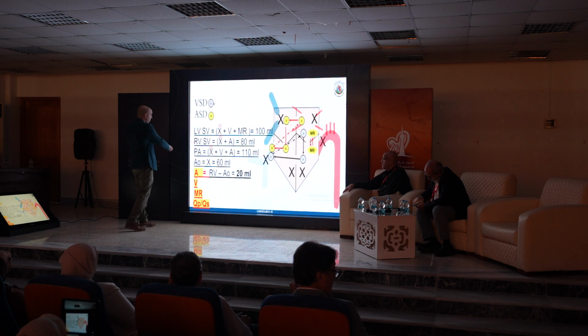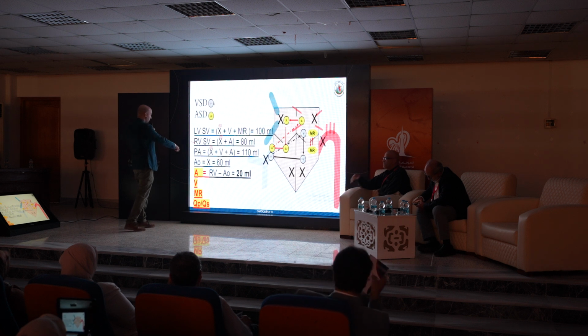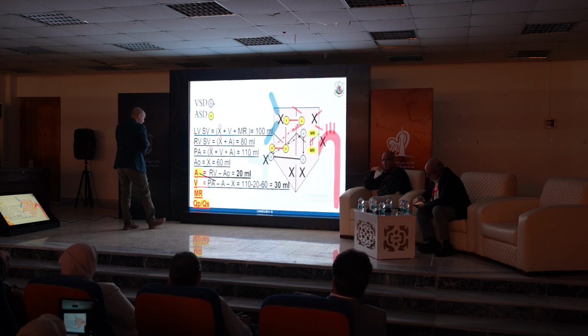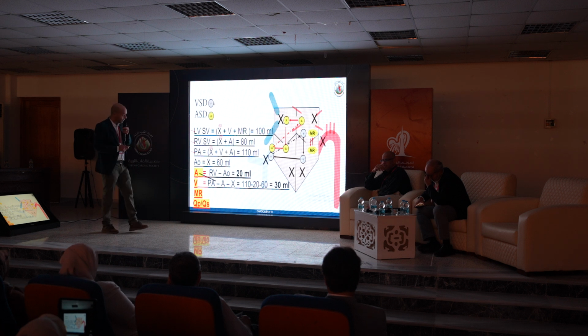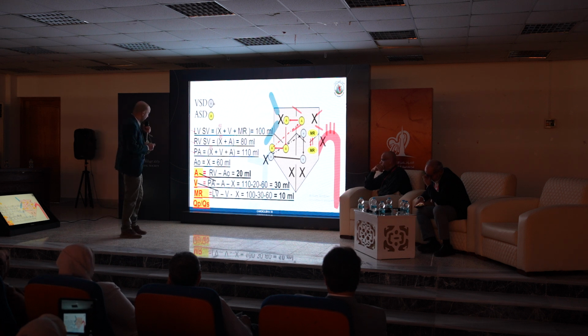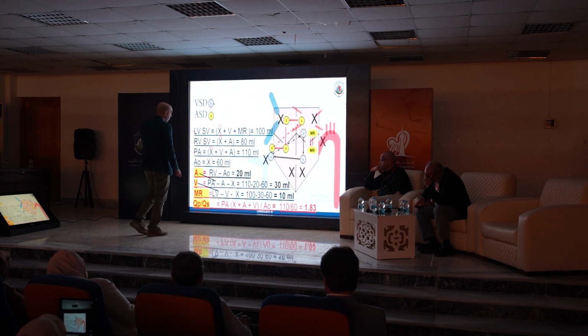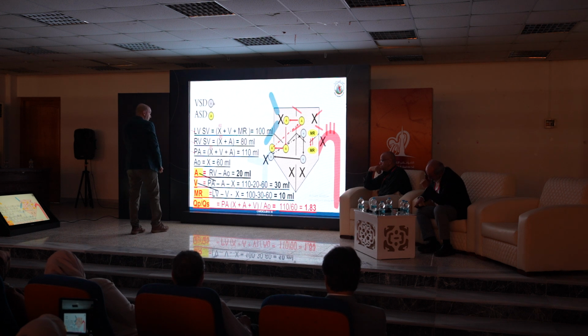We can get the ASD: RV minus aorta equals 20 millimeters. Pulmonary artery minus aorta, which is known now, will be 30 millimeters. And we will get the mitral regurg by the usual way. QpQs will be pulmonary artery by aorta, and will equal 110 by 60.